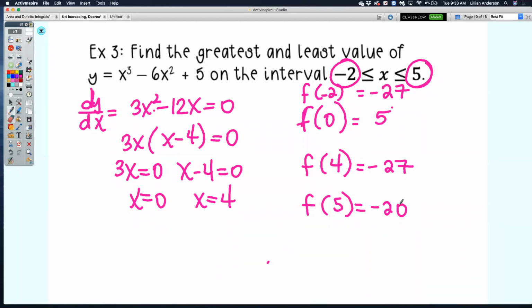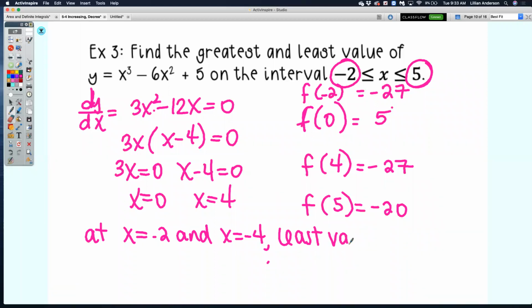And as we can see, we actually have the smallest y value at 2 different places, at -2 and at 4. So at x equals -2 and x equals 4, the least value is -27.